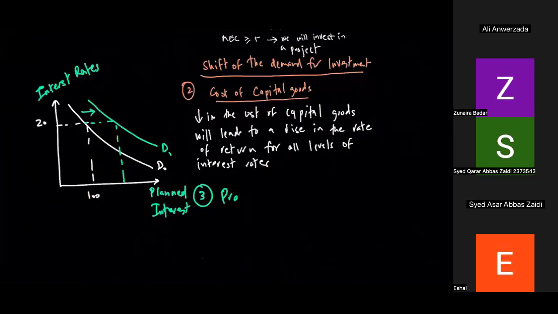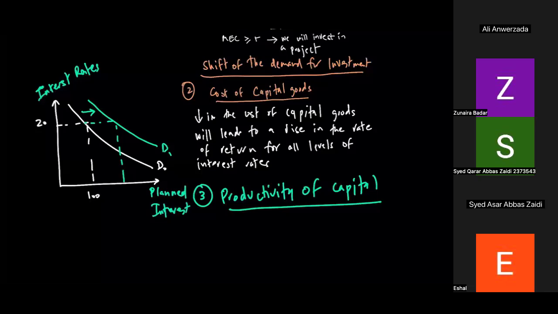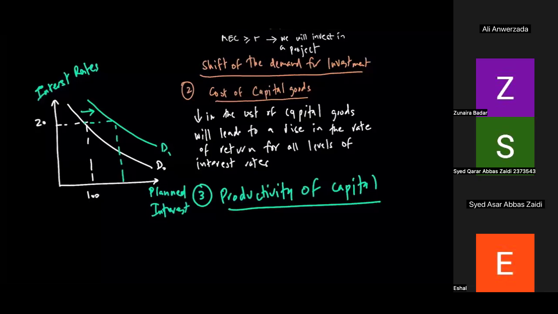If the productivity of capital goes up, okay, if the productivity of capital rises, let me write this first, then after that we will look at the table.